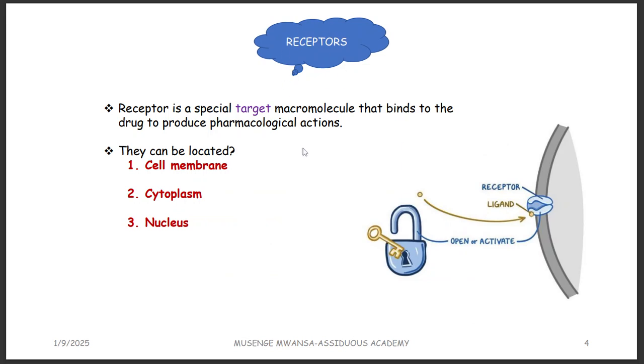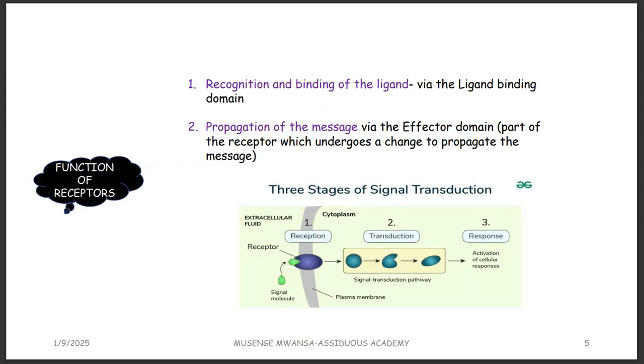Again, we've said that a receptor is going to be a target of the drug. These receptors can either be found on the cell membrane, or they can be found in the cytoplasm. They can as well be found inside the cell. What you need to know is, here is a receptor found on the cell membrane.